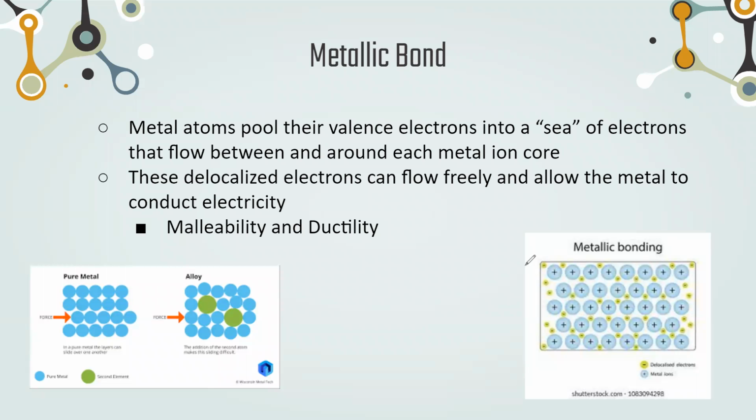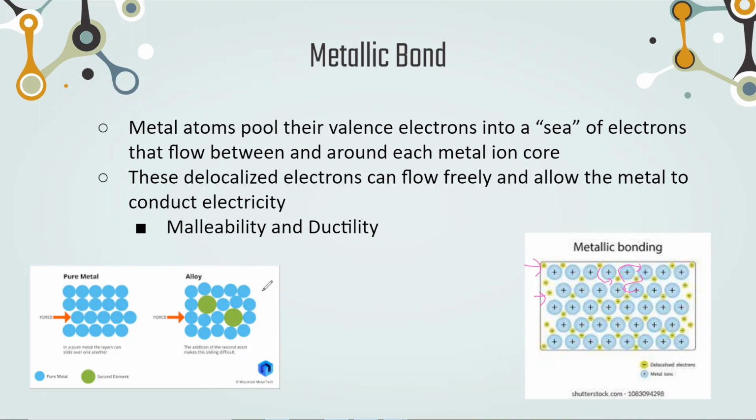You're seeing all these delocalized electrons, and they can just cruise around and move any which way between everything. And that is going to cause some really cool properties. So malleability, ductility, that happens because of this free movement of electrons giving metals different properties. It's also what allows them to conduct electricity as well as they do.